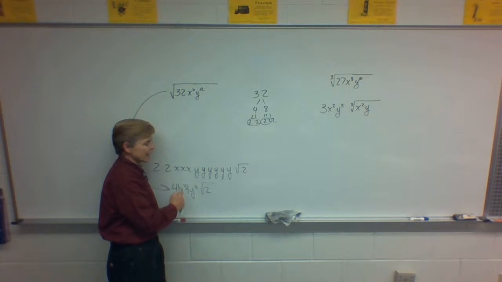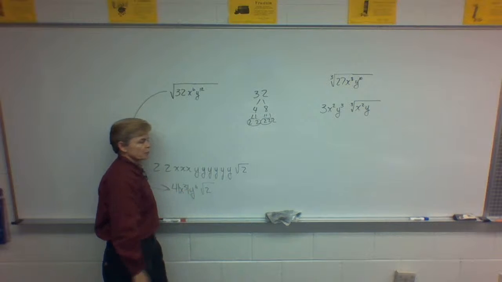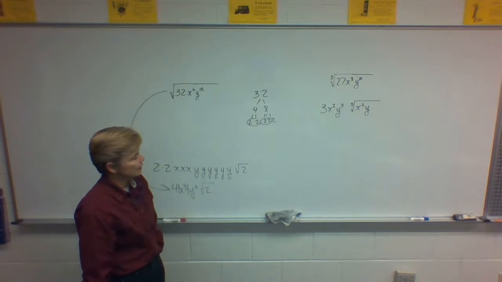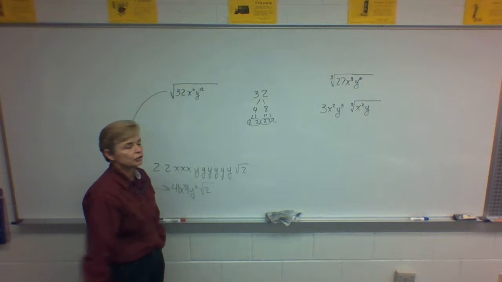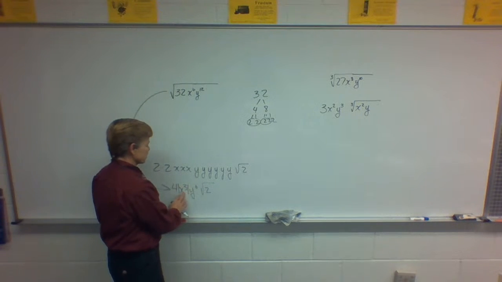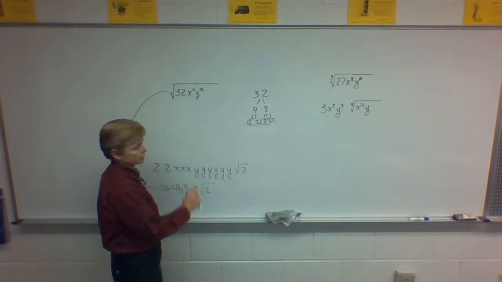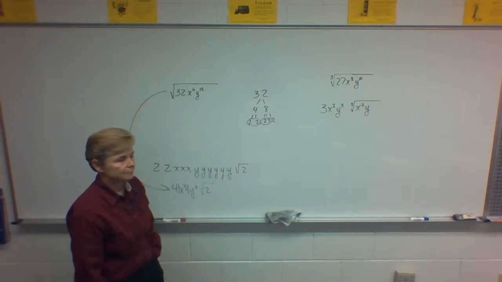If after you pull it out, you have an odd power on a variable, when you pull it out from an even root, you have to force its positivity by absolute value. Any other thing, no absolute value. That's the only condition you need that for. If you pulled it out of an odd root, flat, no absolutes on it. Okay?